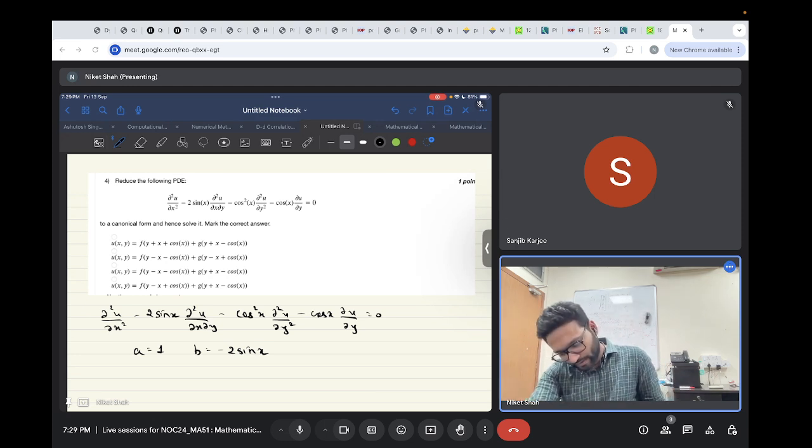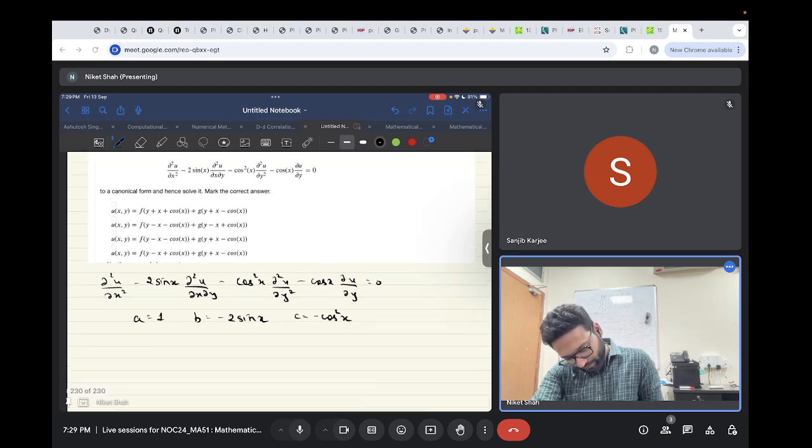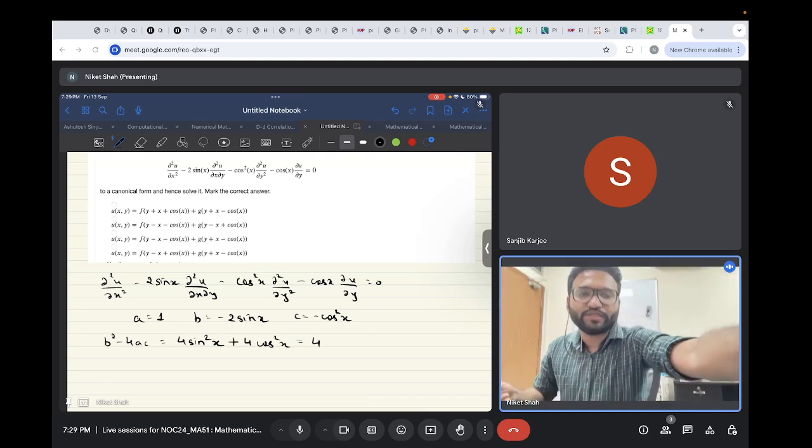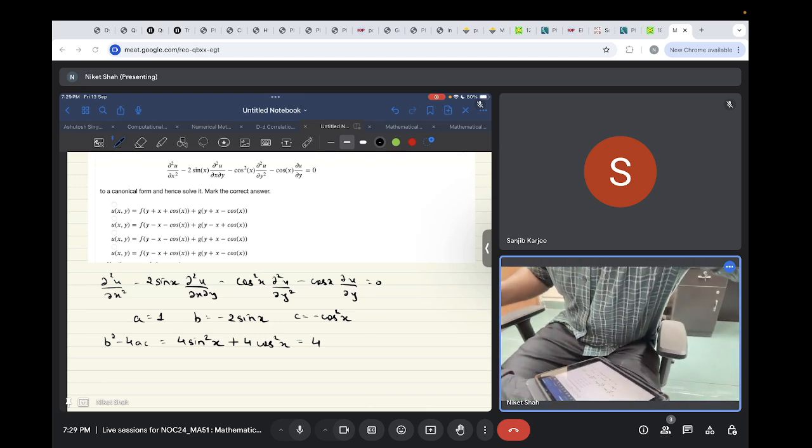Okay, so this partial differential equation is given. a is equal to 1, b is equal to minus 2 sin x, c is equal to minus cos squared x, right? So b square minus 4ac again. B square minus 4ac is equal to 4 sine square x plus 4 cos square x, which is equal to 4.